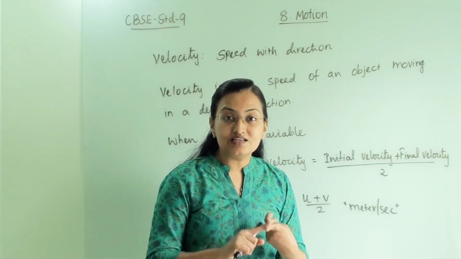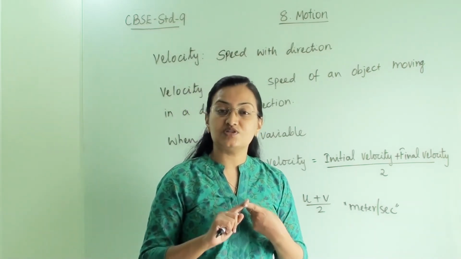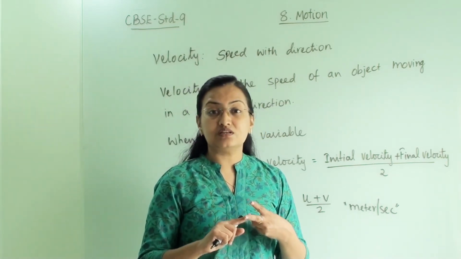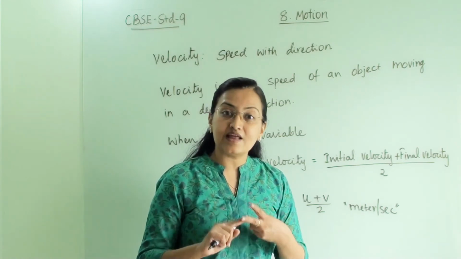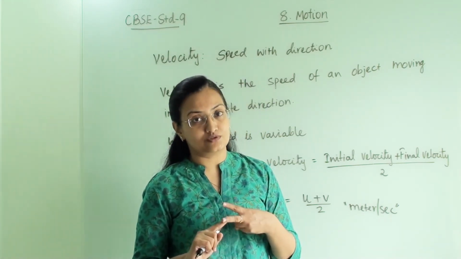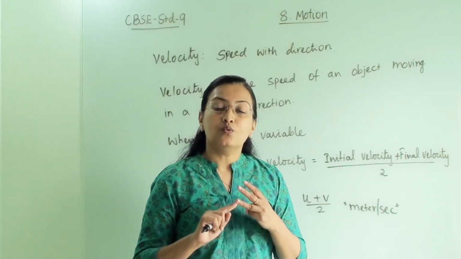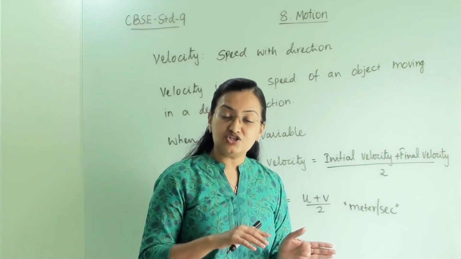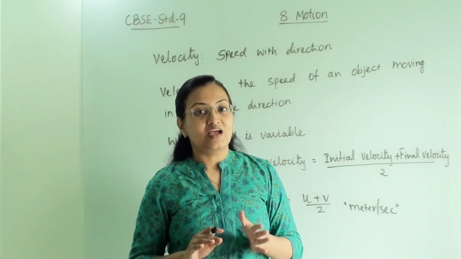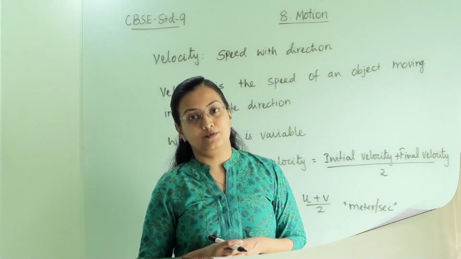Speed is distance in time, that is distance covered in a specific time interval, distance divided by time. When speed is coming with a direction, that is known as velocity. Speed with direction is velocity. After that, we have learned average velocity. What is average velocity? The initial velocity plus final velocity divided by 2. And the units of all three quantities are meter per second.